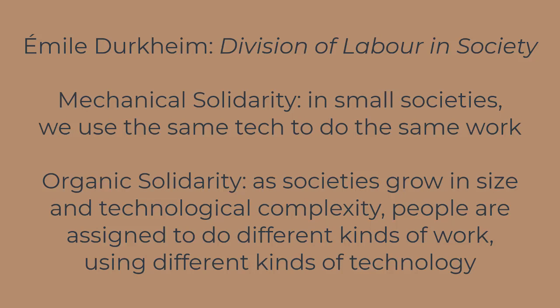He starts by thinking about small-scale societies, really small towns or very small farming communities or hunter-gatherer societies where there aren't that many people who are forming a society, a group of people who are working together and interacting together and who belong to the same overall group.